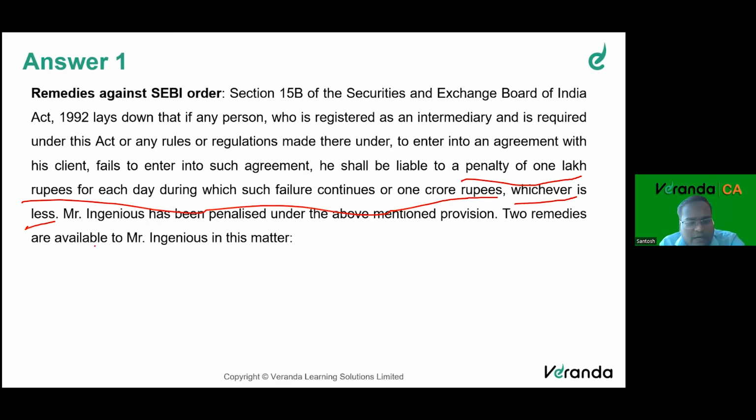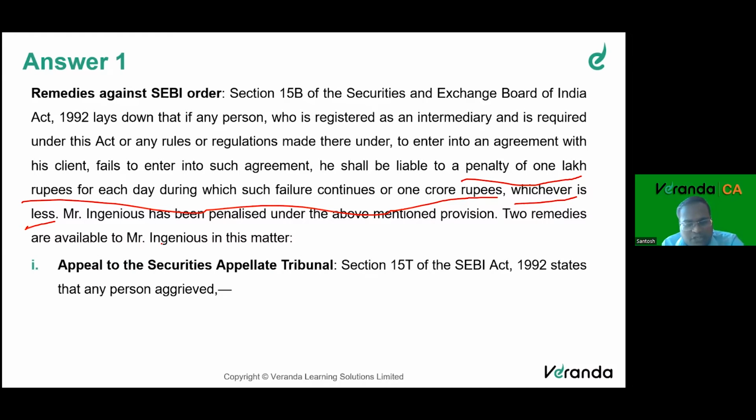So now there are 2 remedies that are available to Mr. Ingenious. What are the 2 remedies? First remedy is, he can appeal to the Securities Appellate Tribunal. That is the tribunal that is available for placing a remedy.